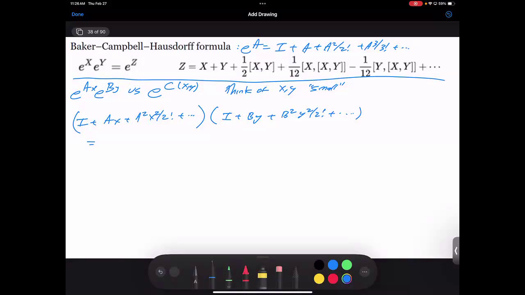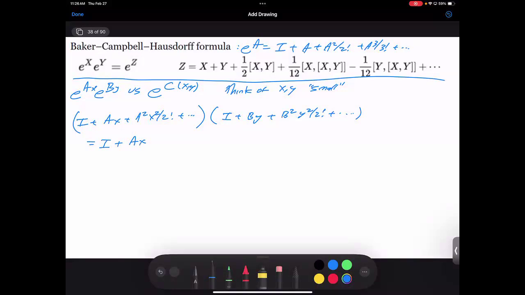So the first term shouldn't be too bad. What's the first term? I. What's the second term? ax.